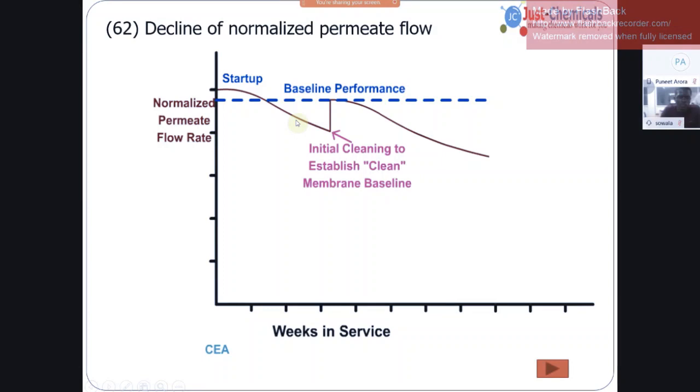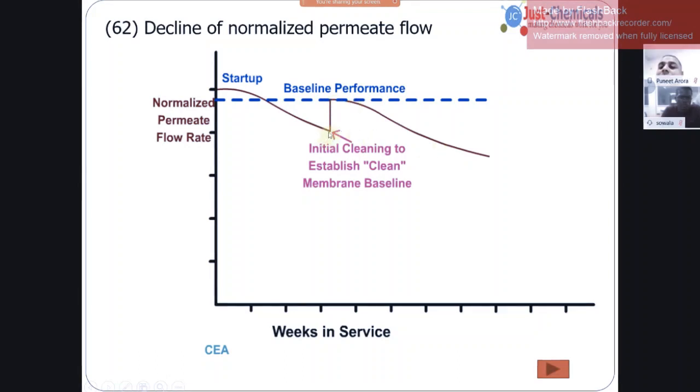This is why I have shown this graph, to tell you that baseline data are very important. If you're not going back and achieving the baseline, and you are delaying your cleanings, slowly your normalized permeate flow is going to get reduced, and maybe in 1.5 or 2 years you have to change the membranes.